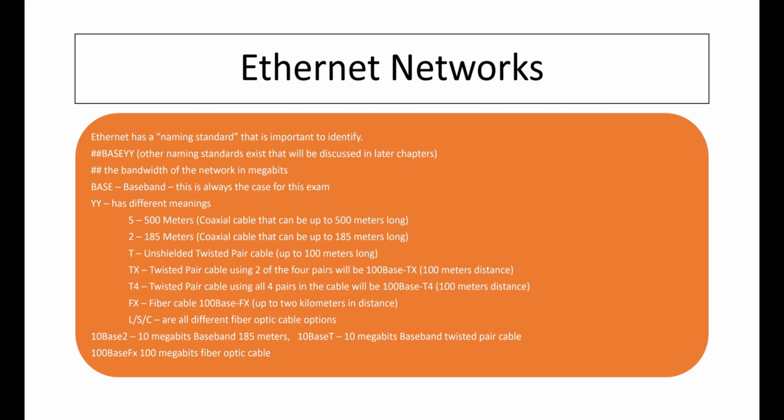If the name nomenclature ends in a TX, that's twisted pair cabling using 2 of the 4 pairs in a UTP cable, and that's typically used in 100 megabits, 100BASE-TX. Again, we're still talking 100 meters of distance from the end device, which could be a printer, thermostat, computer, all the way back to your central hub or switch.